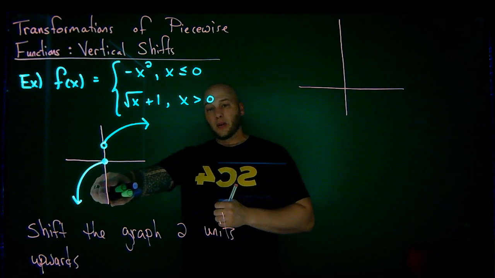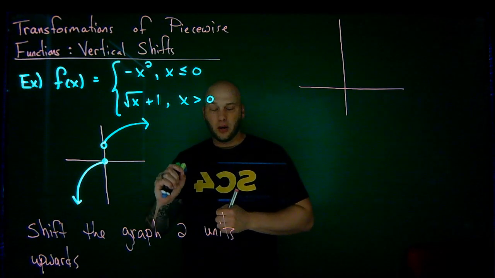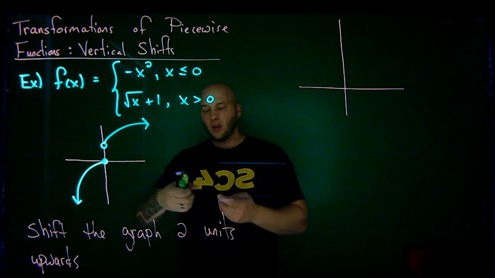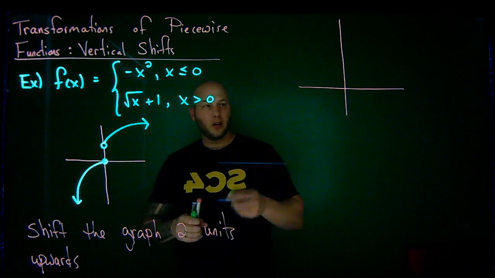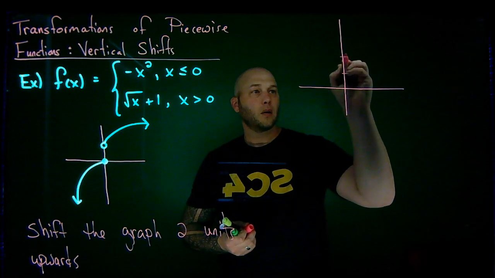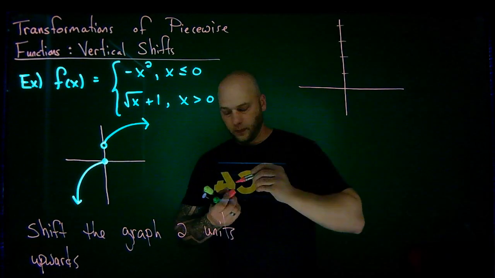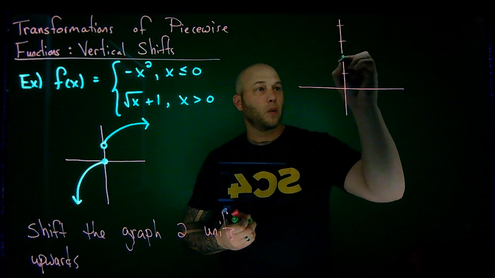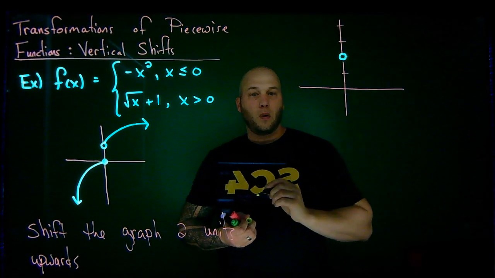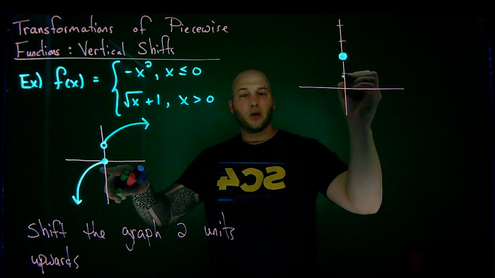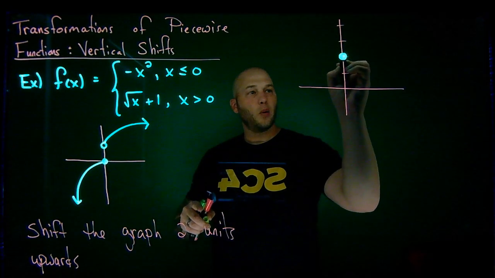I could take one individual point, move it, and then the rest will follow along. Let's take the point that's at the origin. If that shifts vertically upwards 2 units, that would put me at this point, which is closed in. Move it 2 units upwards, and then the parabola will follow along.